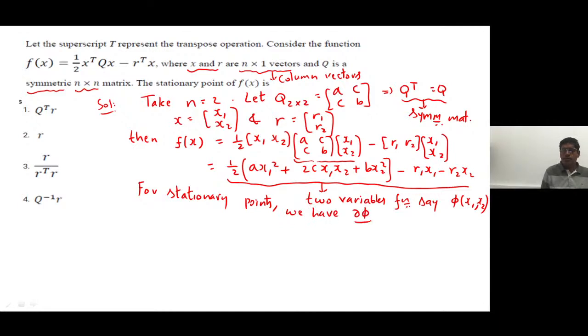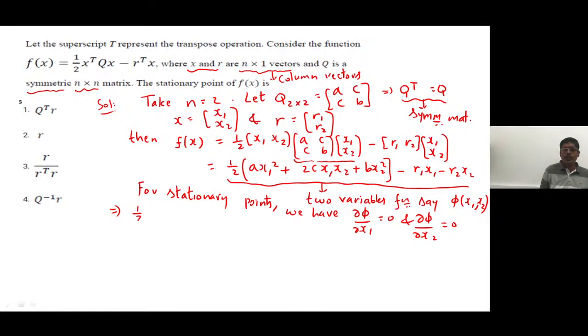Dou phi by dou x1 is equal to 0 and dou phi by dou x2 is equal to 0. Partial derivative with respect to x1 means x2 is constant. Similarly, partial derivative with respect to x2 means x1 is constant.